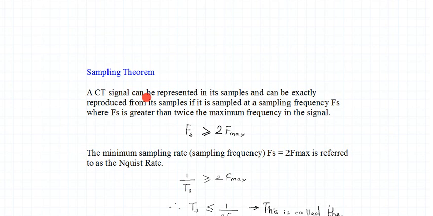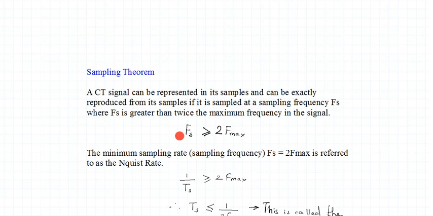The very first statement is that a CT signal can be represented in its samples. So sampling is basically a process of transforming a CT signal into its samples. And it further says that from these samples the CT signal can be recovered back. So if we choose an appropriate sampling frequency, then we can transform from the DT signal back to the CT signal.